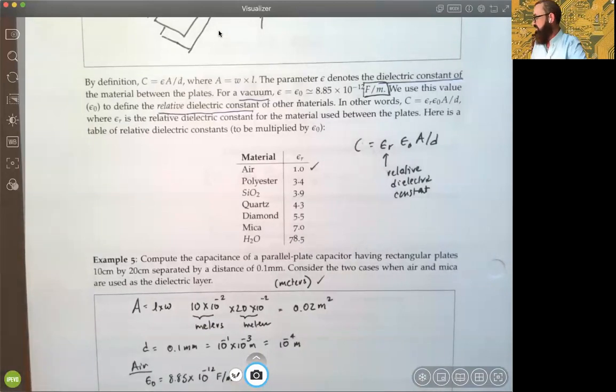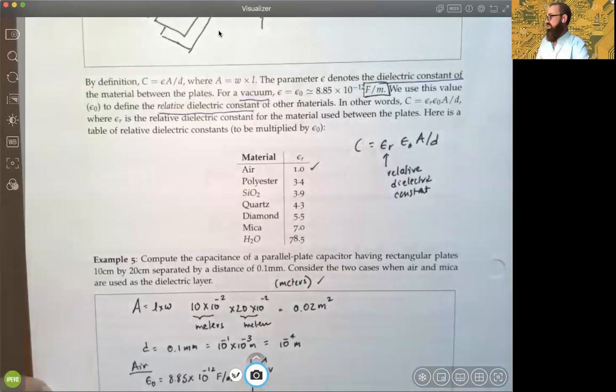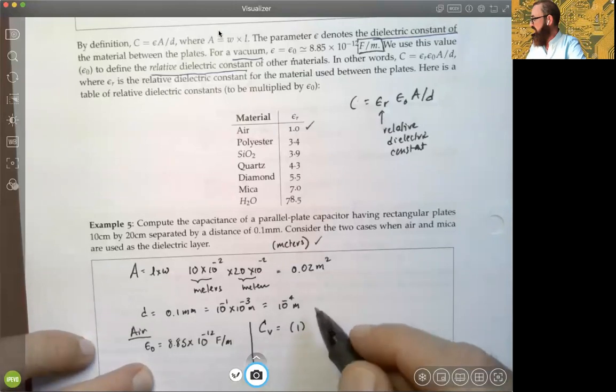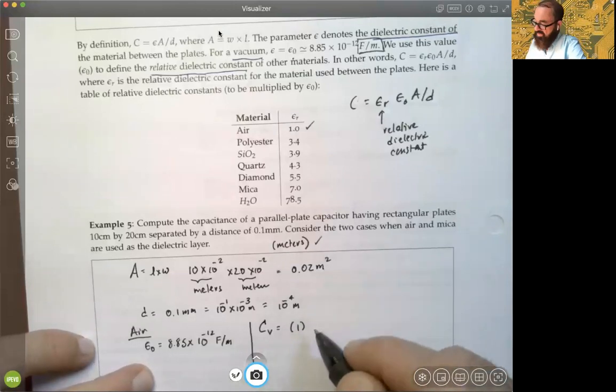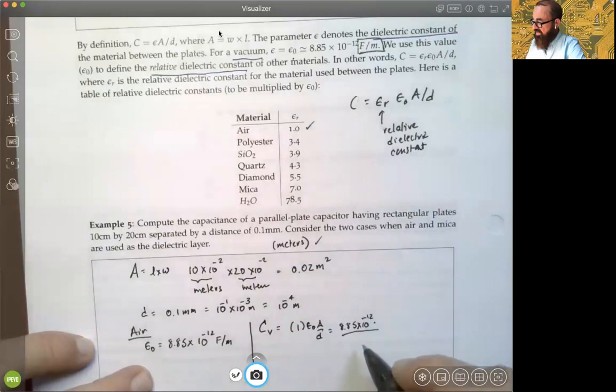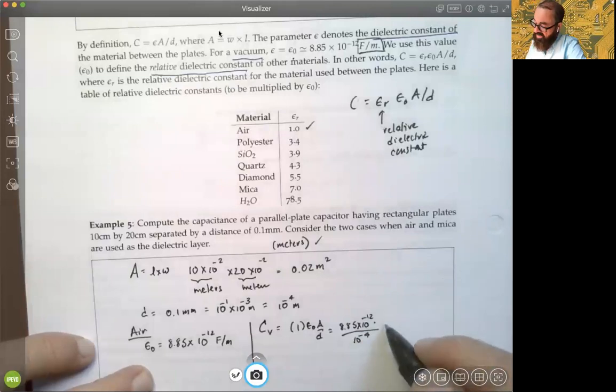So the capacitance for a vacuum, we could call it C sub V. Then we know epsilon r is just 1, so it's 1 times epsilon 0 A over d, and that's just going to be 8.85 times 10 to the minus 12 divided by the d value, which is 10 to the minus 4. We've converted everything to meters, so we should be good.